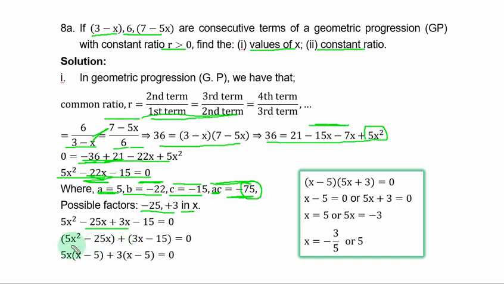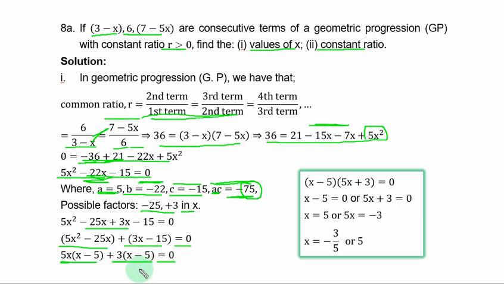The first 2 terms, first group, the last 2 terms, second group, you equate to 0. From the first group, 5s is common. If you factor out 5s, you are left with s minus 5, plus in the second group, 3 is common. If you factor out 3, you are left with s minus 5 equal to 0.